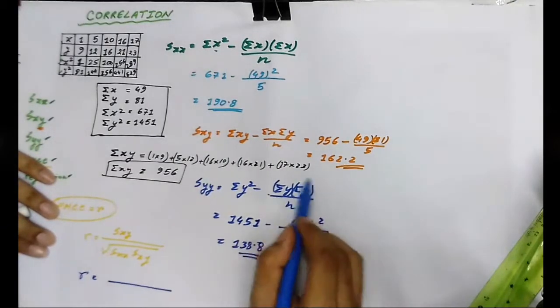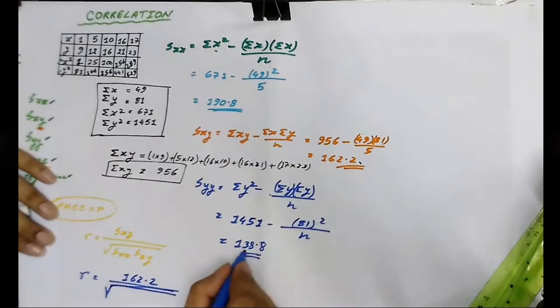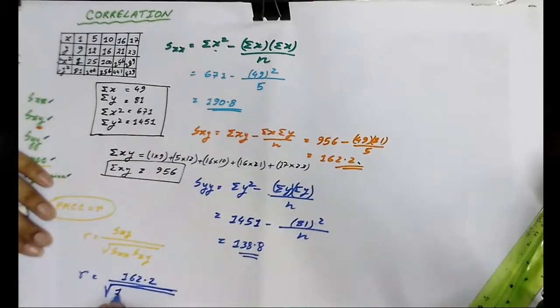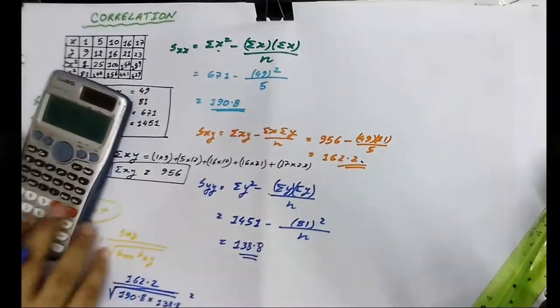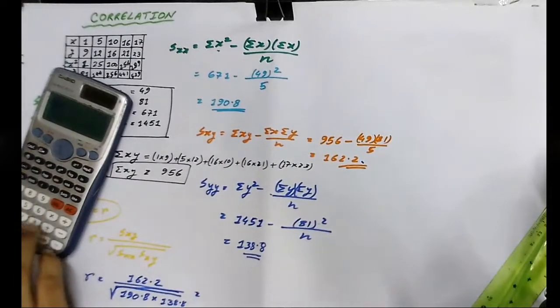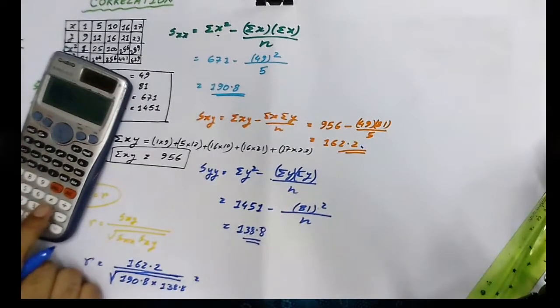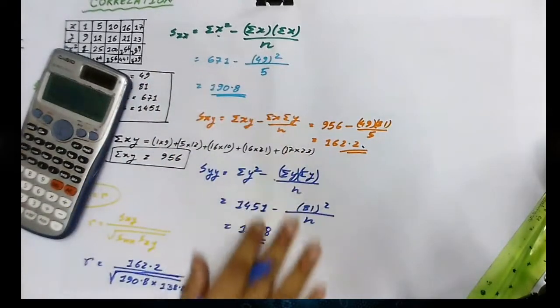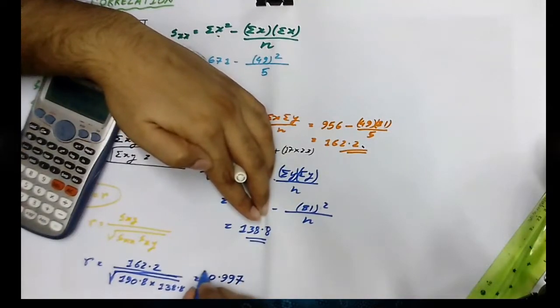So therefore R is equal to 162.2 whole root 190.8 into 138.8. Now the answer is 0.997.